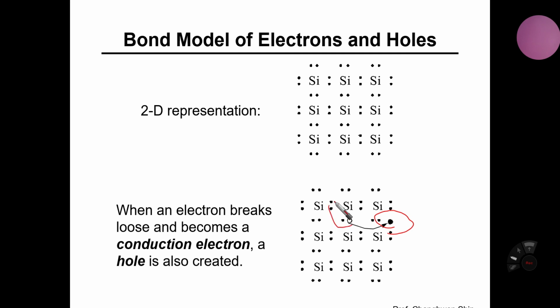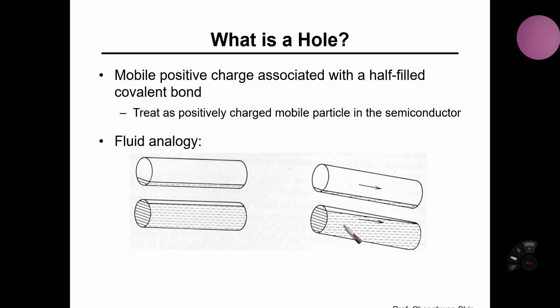In other words, the number of holes created together with the free electrons is also 10 to the 10 per cubic centimeter. Okay, all right.